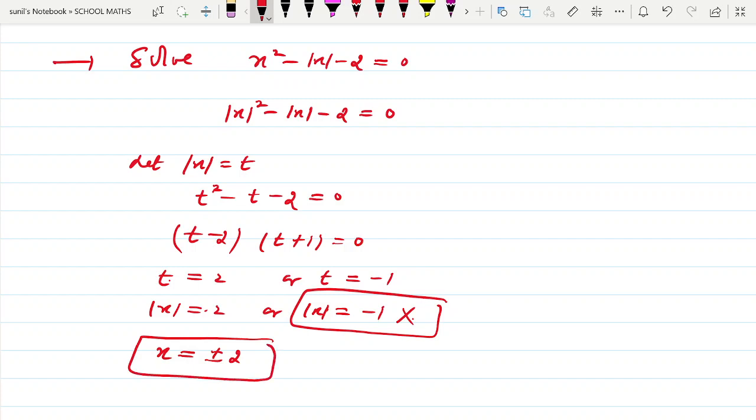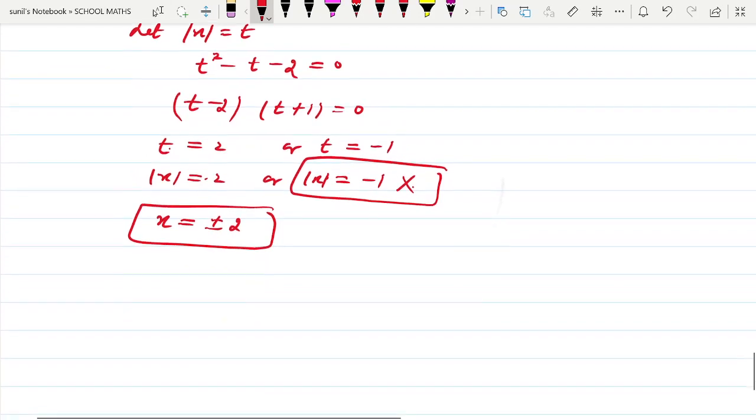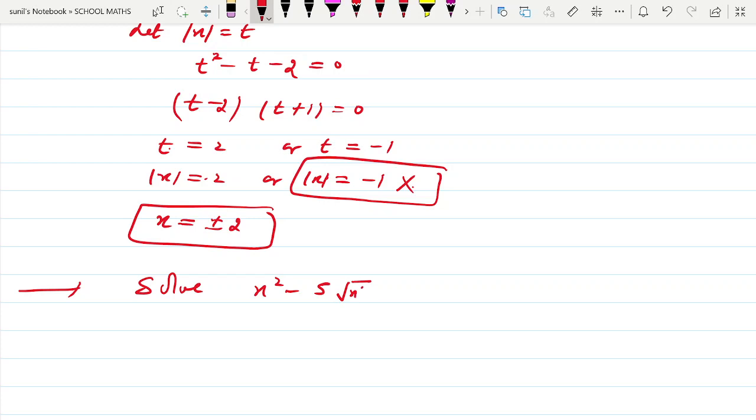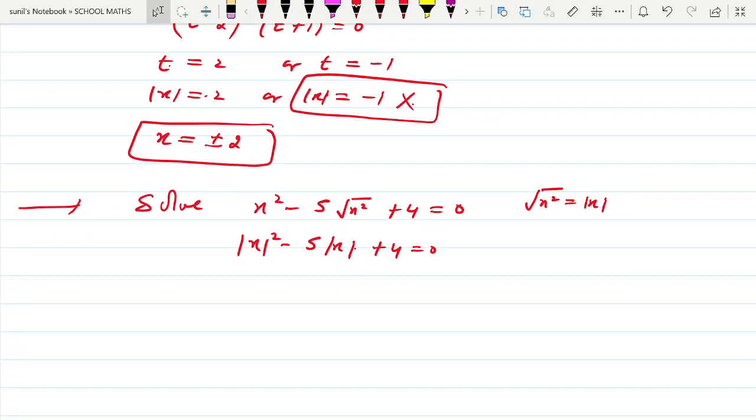Now we have another question based on this. Suppose the problem is: solve x square minus 5 root x square plus 4 equals 0. Now how will you solve this? Certainly we can write this as mod x square minus 5 mod x plus 4, because as we have defined, root x square is mod x. Now can we factorize this? Yes.